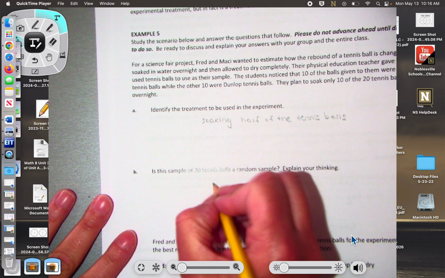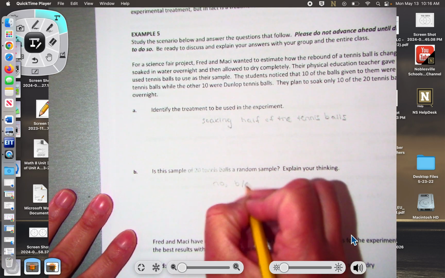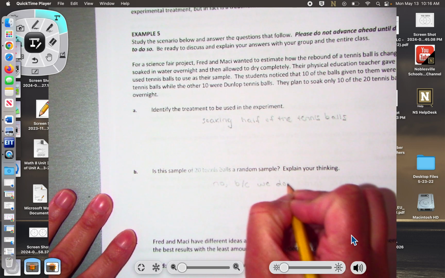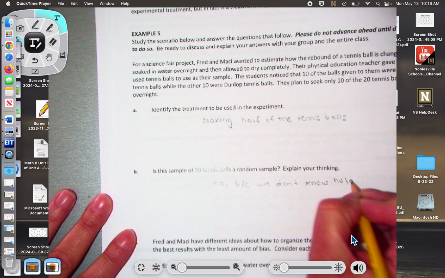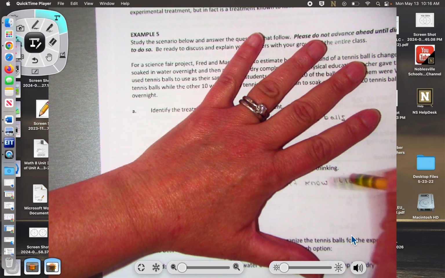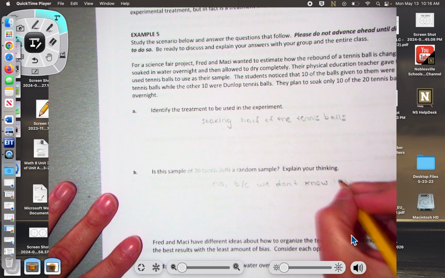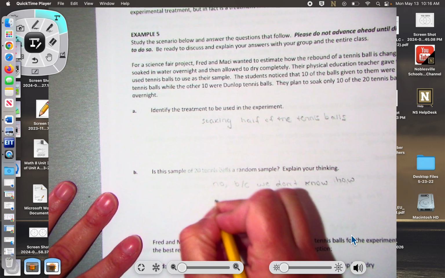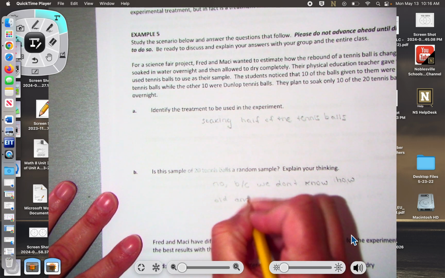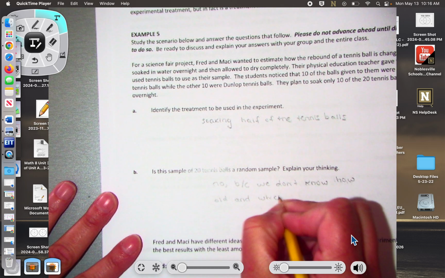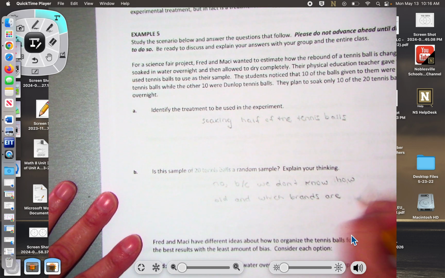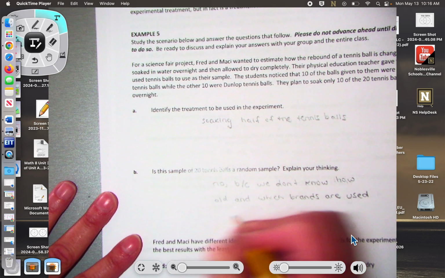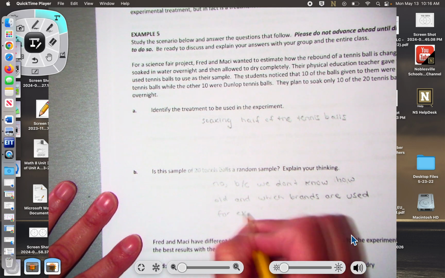I would say no, because we don't know how old some of the tennis balls are, and which brands are used for the experiment.